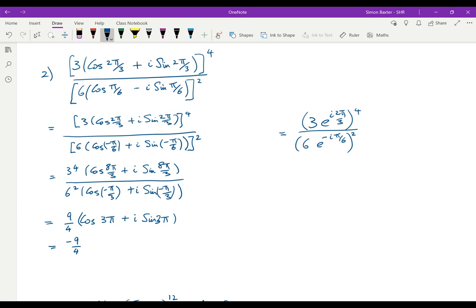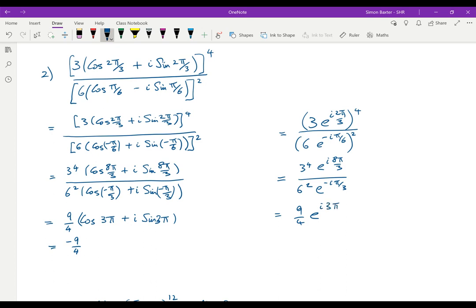Now we don't have to think of anything other than our normal laws of arithmetic. 3 to the 4, e to the I 2 pi by 3 to the power 4 is e to the I 4 times 2 pi by 3. 6 squared e to the double the index minus I pi by 3, which is 9 over 4 e to the I 3 pi.